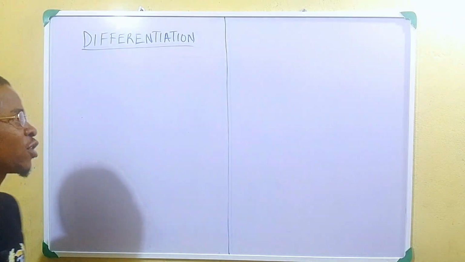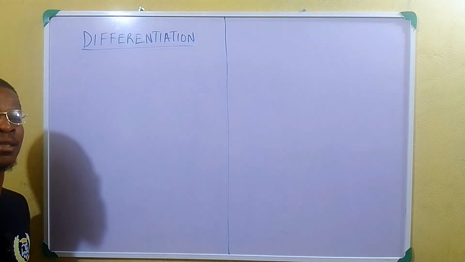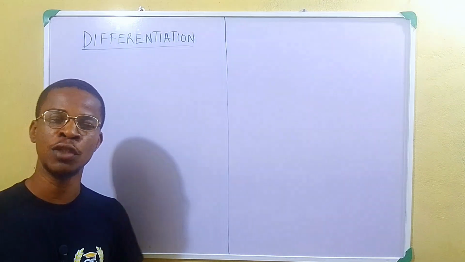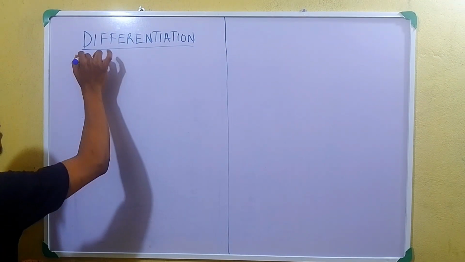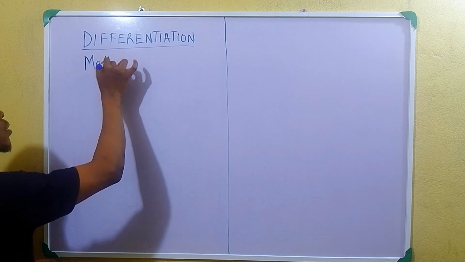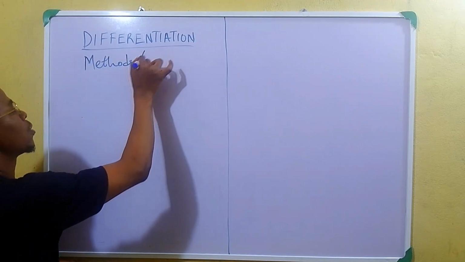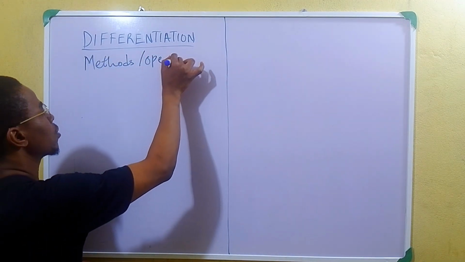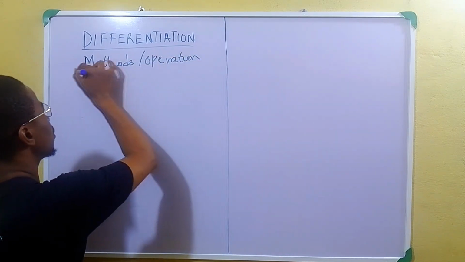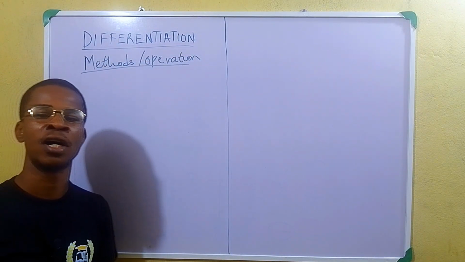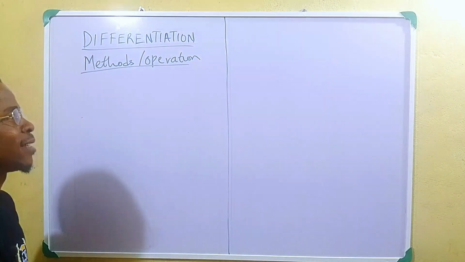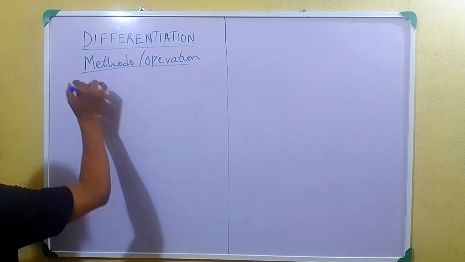Please take note, in differentiation there are different methods or different operations which we use when solving. So I'll write here methods, operations. In the study of the change of one variable against another, we have different methods.